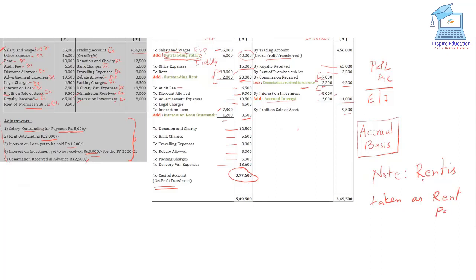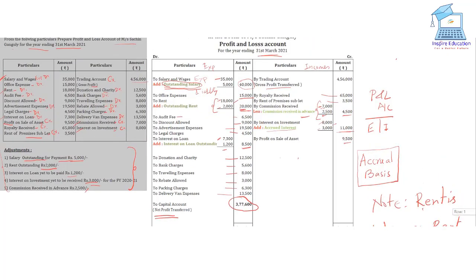You can write a small note. Otherwise, if a trial balance is given, then there is no need to give a note. Because in a trial balance, the debit side always shows debit balances or expenses. Okay, thank you, sir.